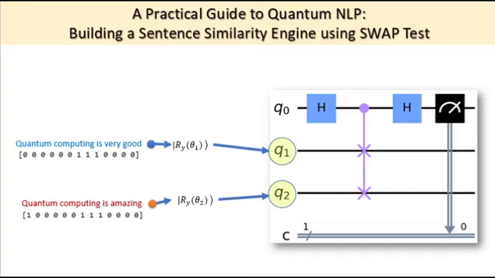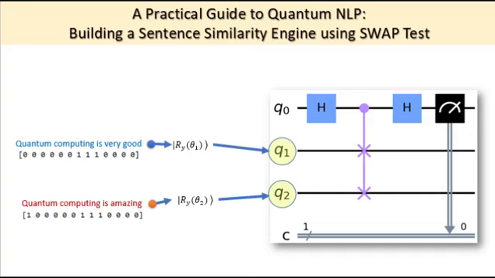And that brings us to the end of our journey into quantum-powered sentence similarity using the controlled swap test. We started with something simple, just a few sentences. But step by step, we transformed those sentences into vectors, encoded them into quantum states, and compared them using one of the most elegant quantum algorithms ever designed.